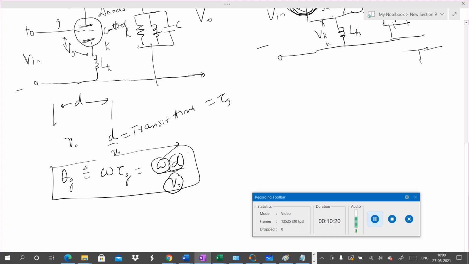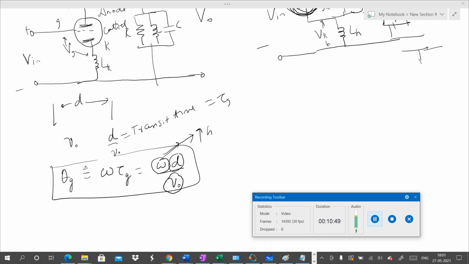But as the frequency increases to 1 gigahertz and beyond, which is when we enter the microwave range, this transit angle will increase, and the overall effect is that the electrons oscillate back and forth between anode and cathode.